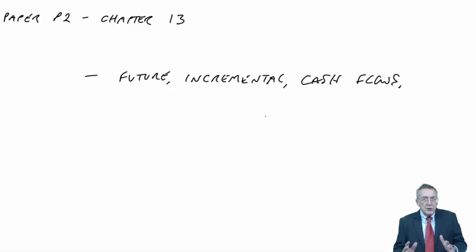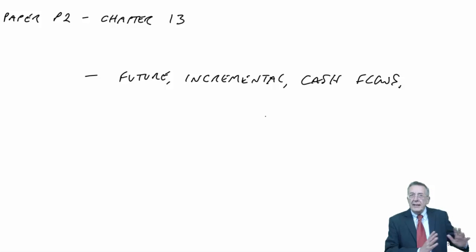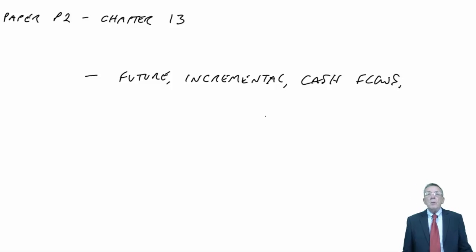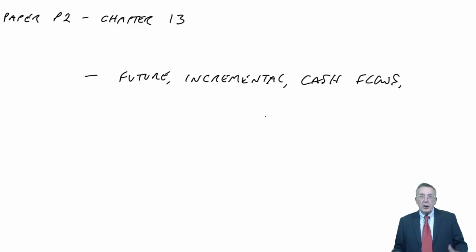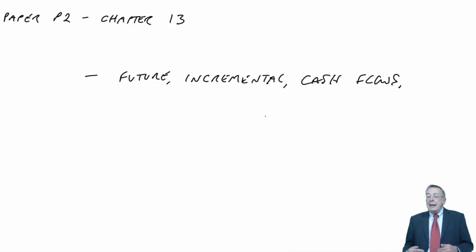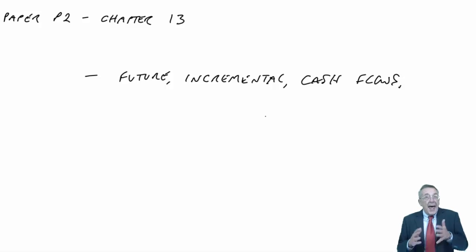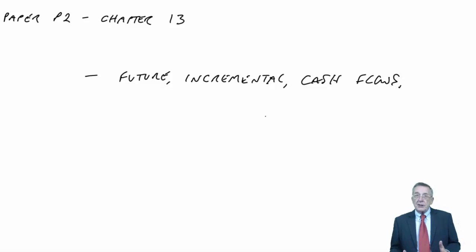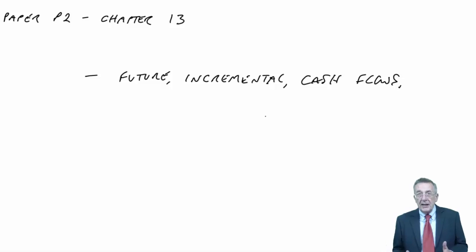So we're only looking at future flows. Any money we've already spent, it's too late. If we spent the money, we've spent the money. We're looking at what future cash flows will result. Incremental, extra, it's the extra cash flows that result to the company as a whole.